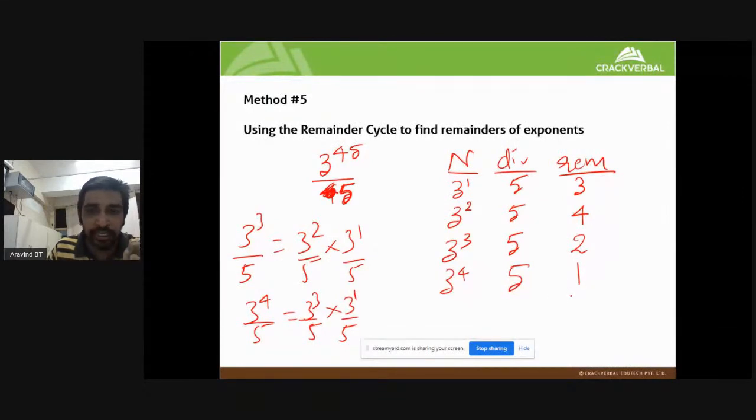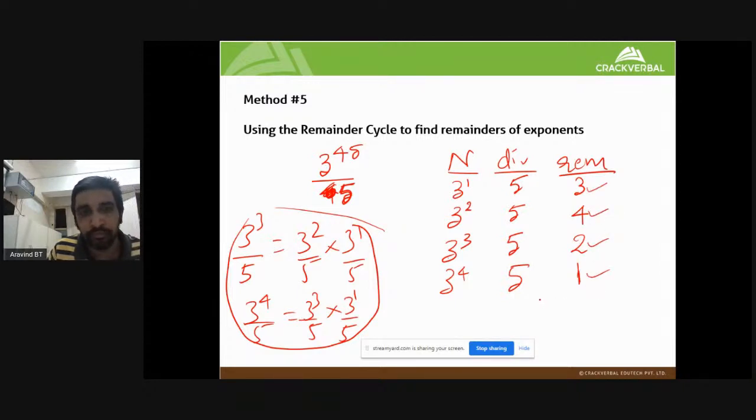And remember, in any cycle involving multiplication, if you get 1, that is the end of the cycle. So what are the different remainders we can get? We can get a remainder of 3, 4, 2, 1. Now look at the power. What is the power? 45.